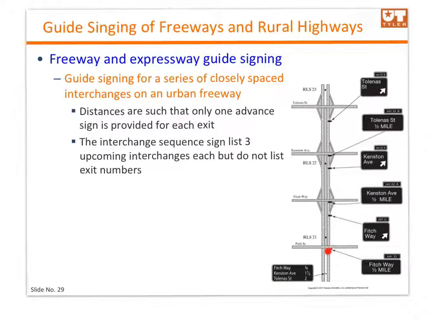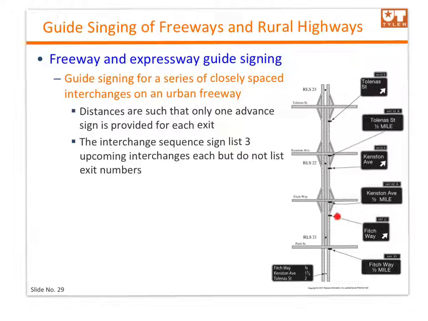Now once you reach this location here, we're going to say that Fitchway is 1/2 mile from here. You're not going to say anything about the other 2 destinations. For the ones who want to go this way, they're just going to read again that they need to exit at the location.